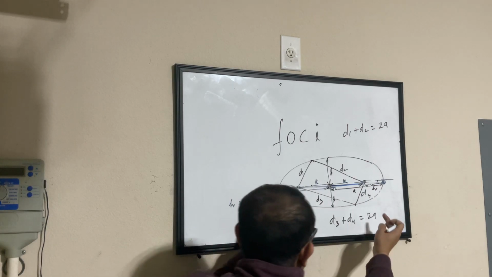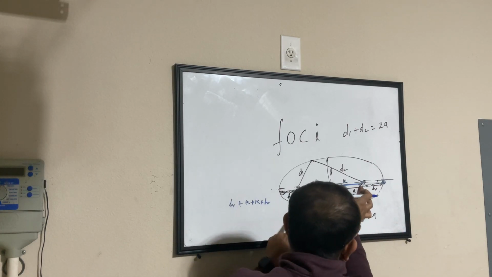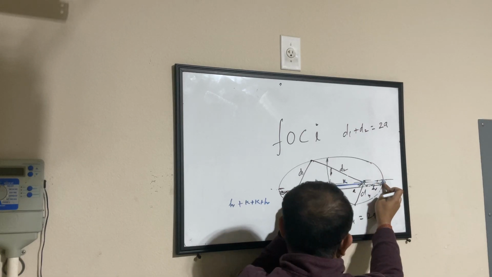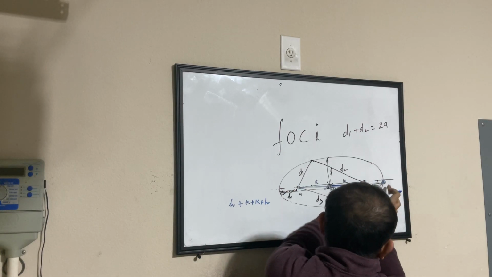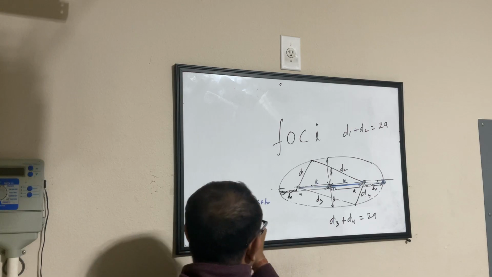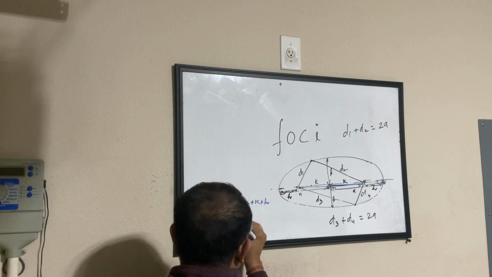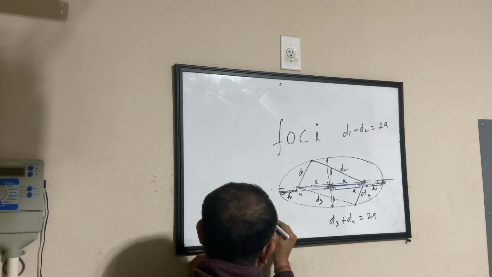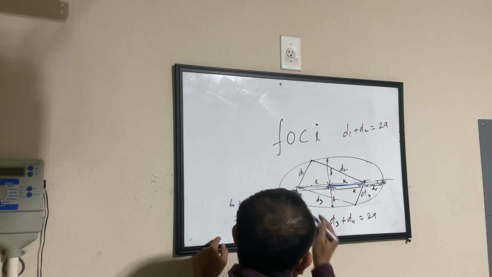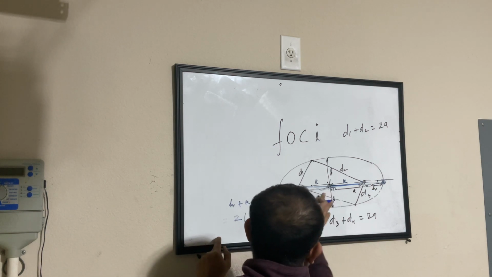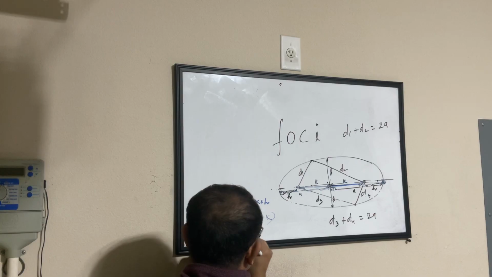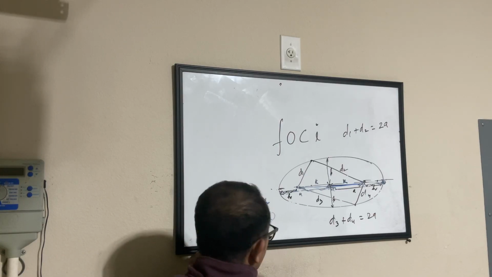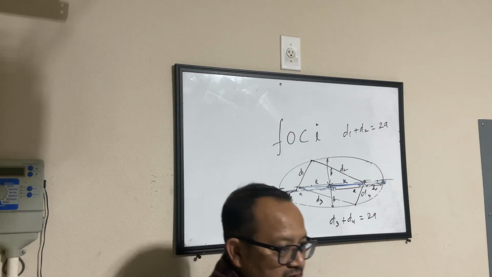Now, this k plus h is the distance from the second foci, and this h is the distance from the first foci, which is equal to 2 times h plus k. Now look at this. What is h plus k? h plus k is nothing but a. So 2 times h plus k is 2a.